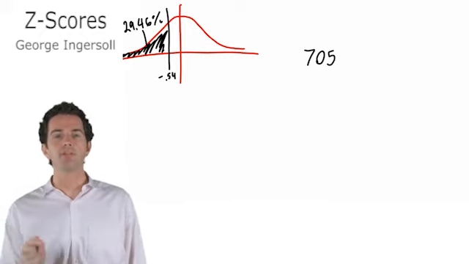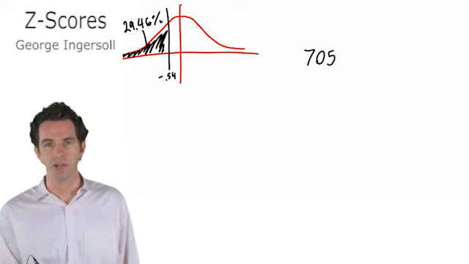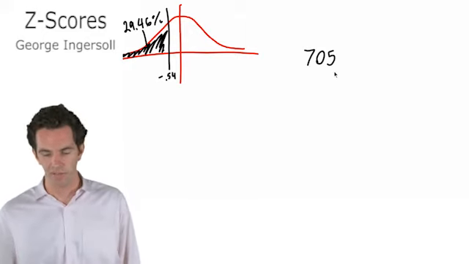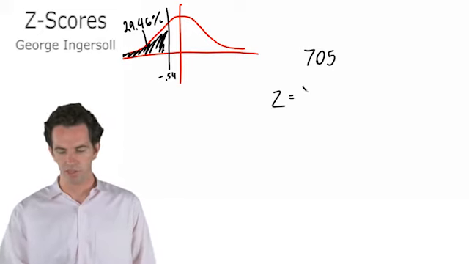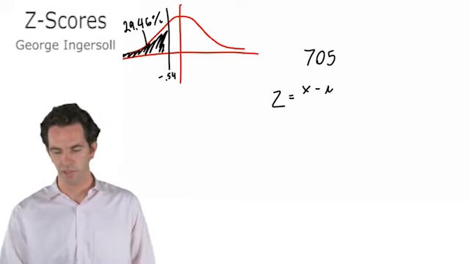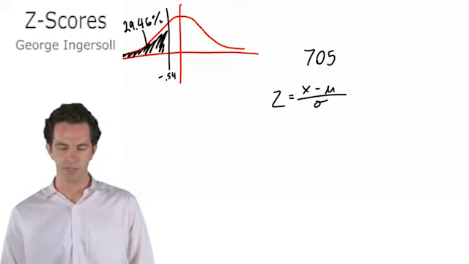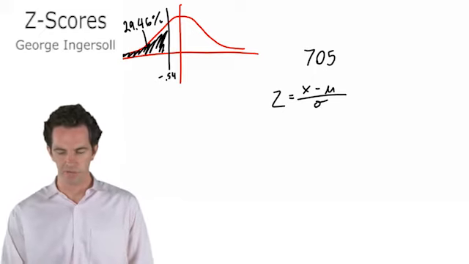Well, first we have to figure out what's the z value associated with this value of 705. So we have to use our equation, z equals x, that's our value, minus the mean divided by the standard deviation. And x here is 705.